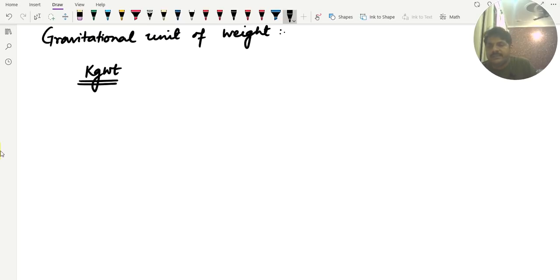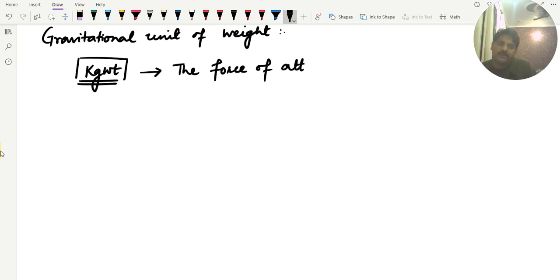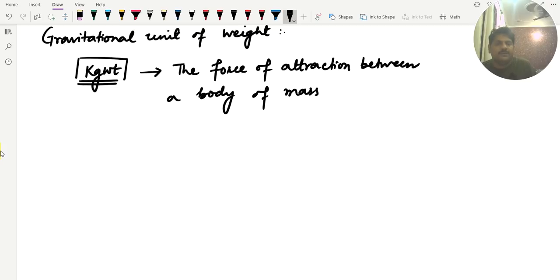So how to define this kg weight? We will define this as the force of attraction between a body of mass 1 kg and the earth.